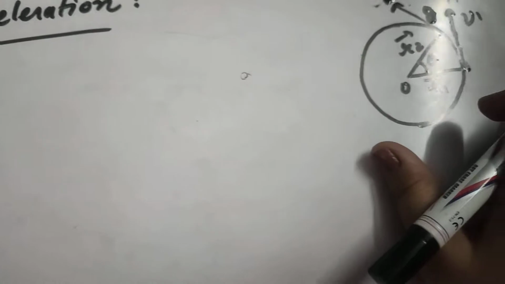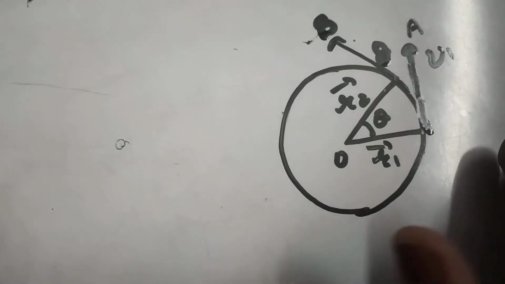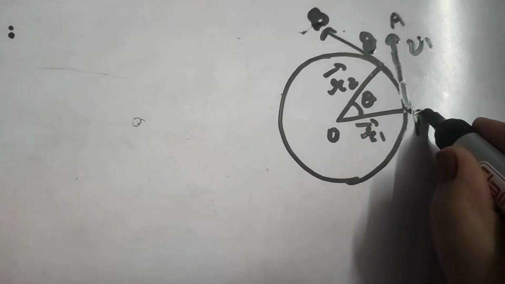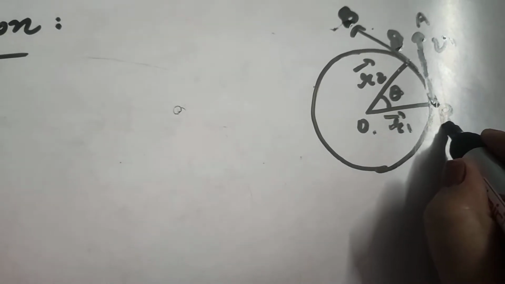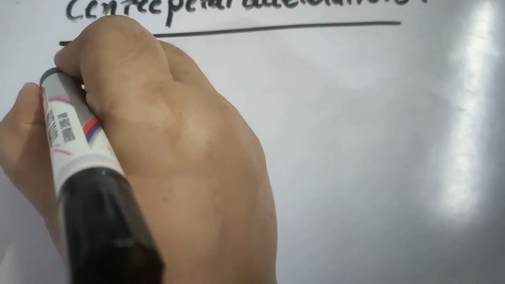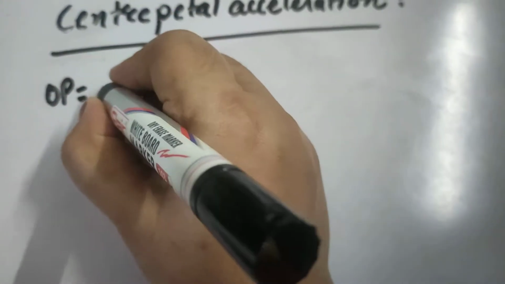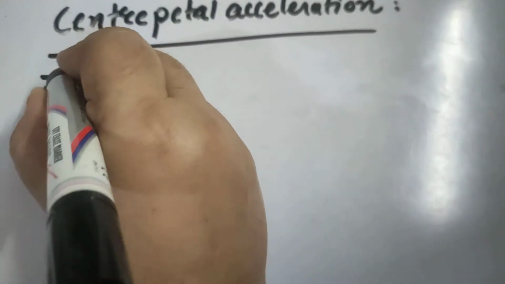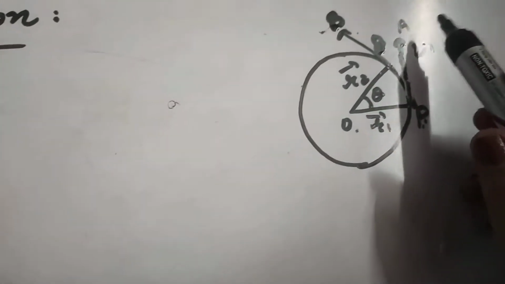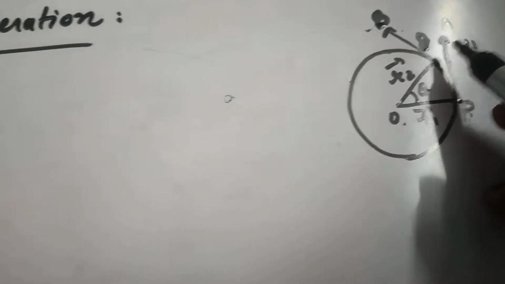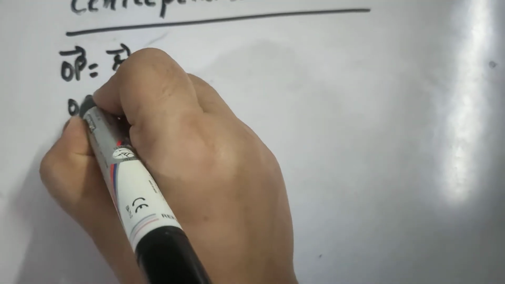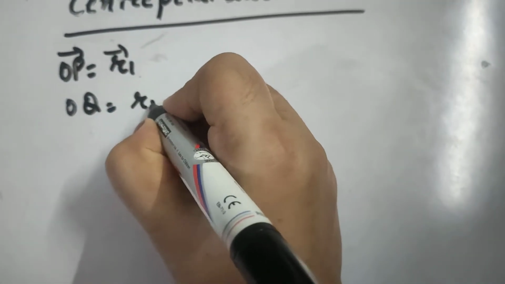Now, focusing on the diagram, let us consider that at any time t the particle is at P having position r1, such that OP is equal to r1. At time t plus delta t the particle reaches point Q at position r2, such that OQ is equal to r2.